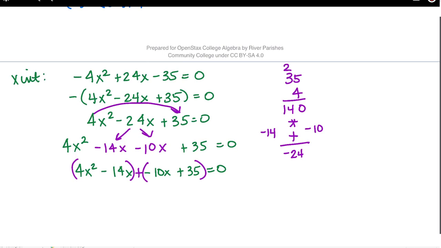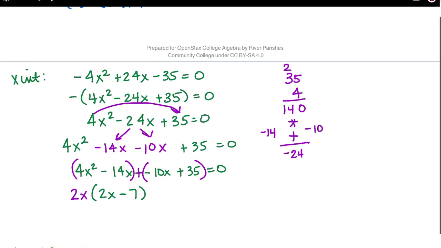And if I look at each of these, I can factor out a greatest common factor. So I can factor out a 2x from this first one, and that would leave 2x minus 7. And the second one, I think I can factor out a 5.